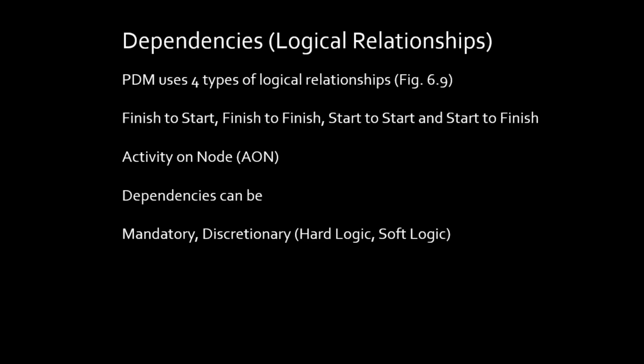That's mandatory. I can't get around that. I have to put the foundation down before I can do really anything else. But let's say I have, between a predecessor and a successor activity, something where I could change it. I could reschedule. Maybe I can eliminate it. Maybe I can reroute it. Those would be discretionary dependencies.